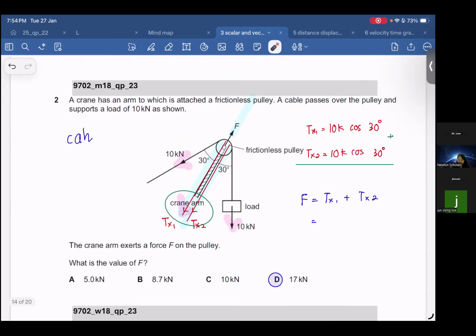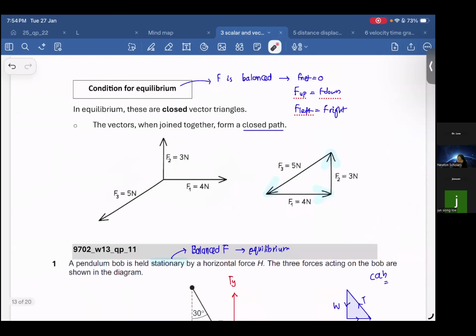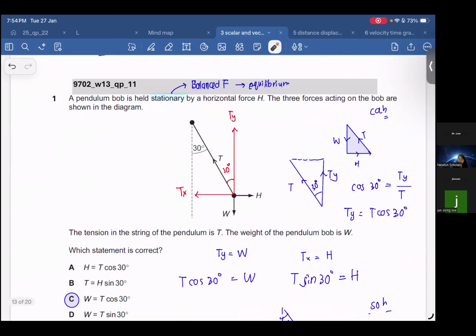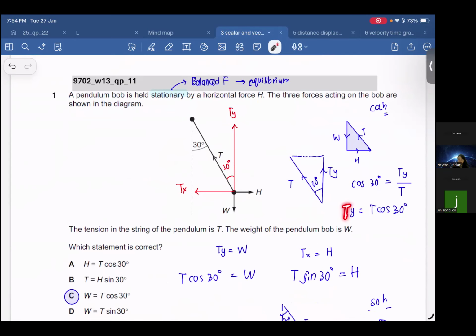So we come back to here: the tension cos the angle. This is what you resolve out. The tension T cos 30 degrees, you get your Tx. So you can refer back to here. How we get the T that we resolve is actually T cos 30 degrees. The force that we are going to resolve is actually the hypotenuse. It's the longer line.